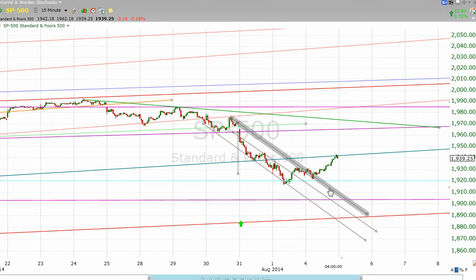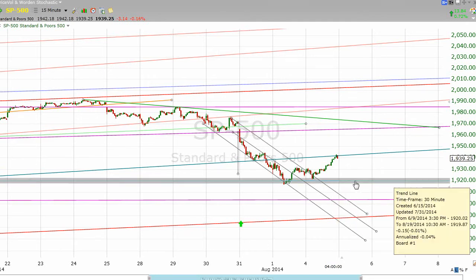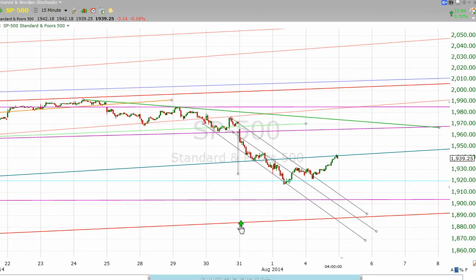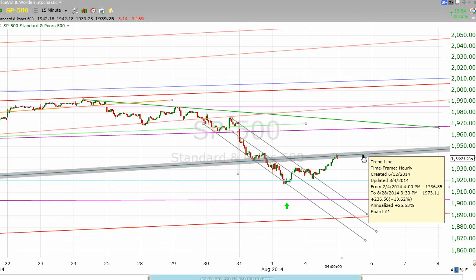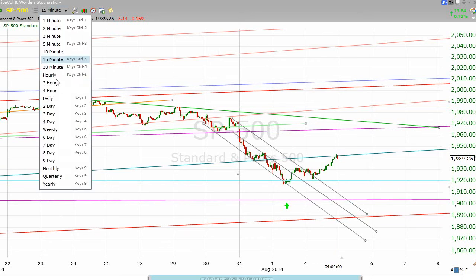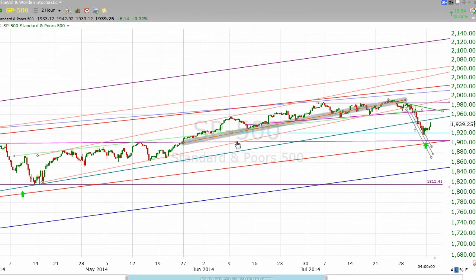And lo and behold, we did get over that line today after bouncing again on our 40% retracement level at about 1920.